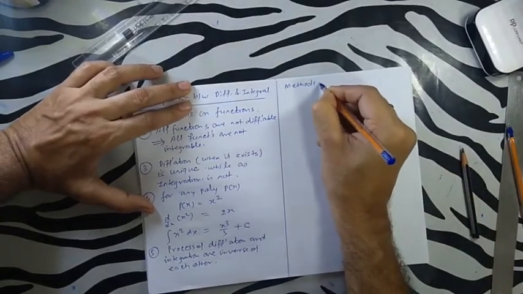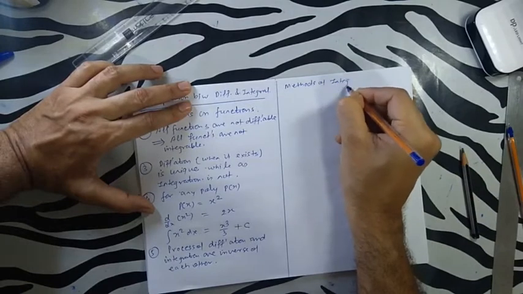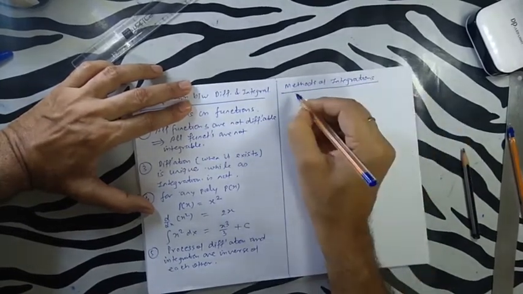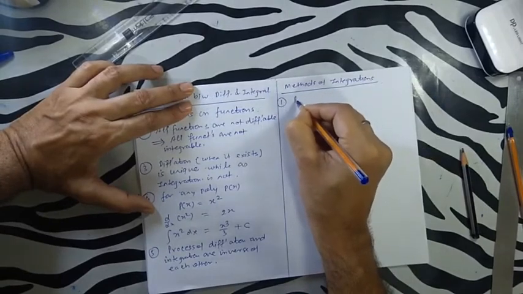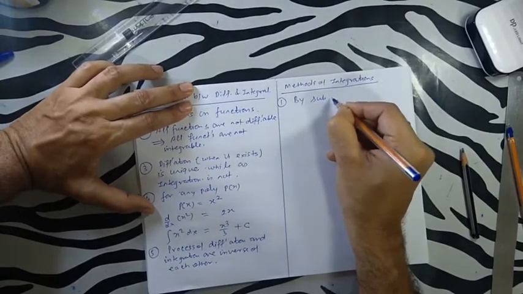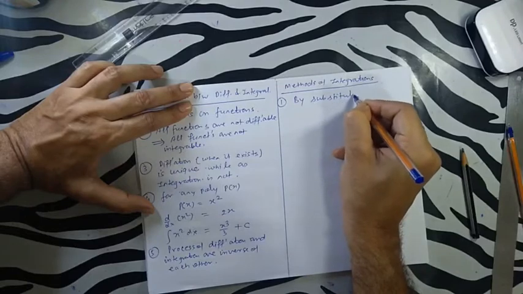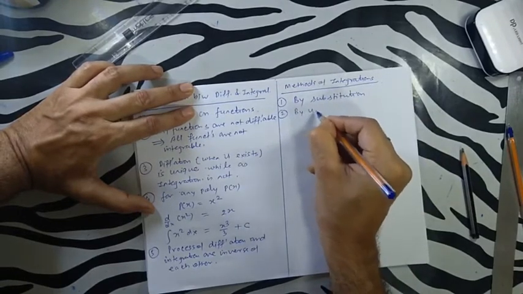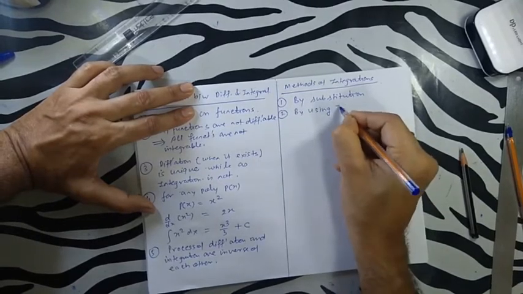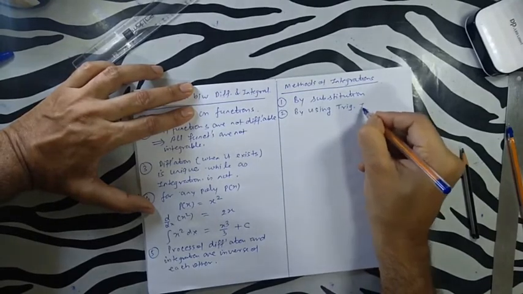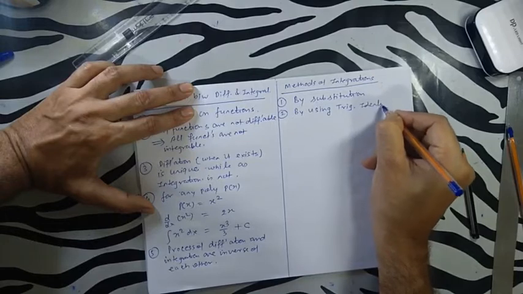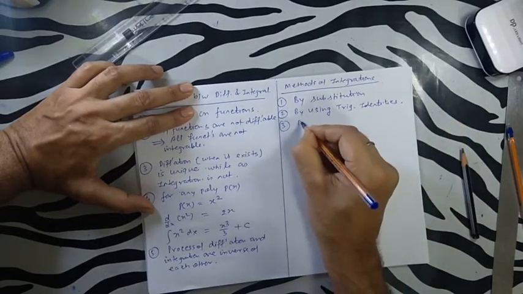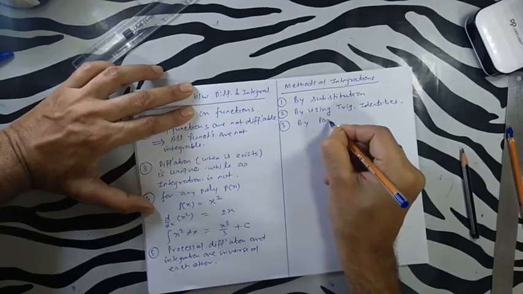Now there are several methods of integration. First is by substitution. Second is by using trigonometric identities. Third is integration by parts.